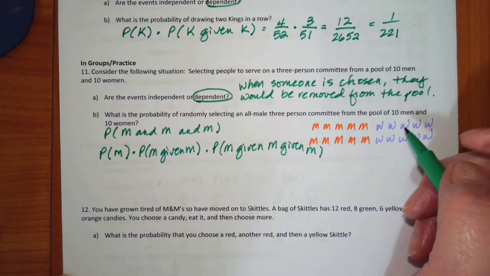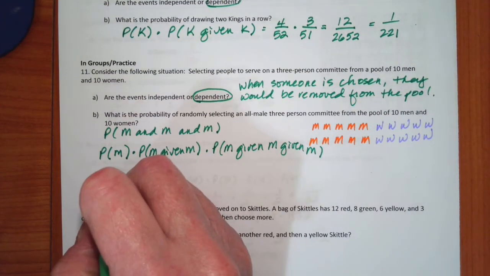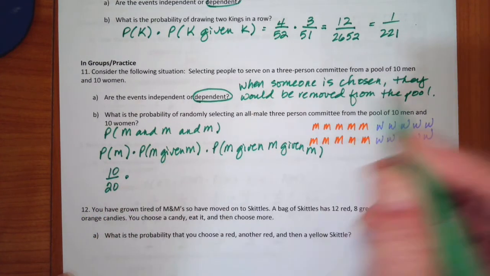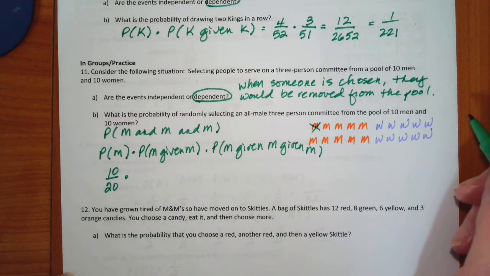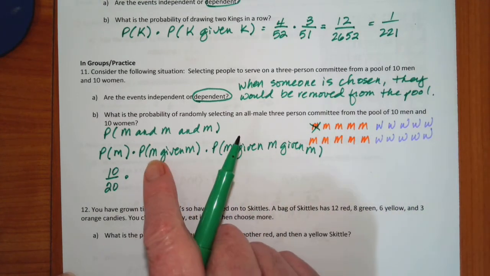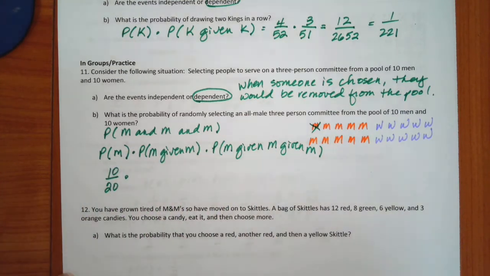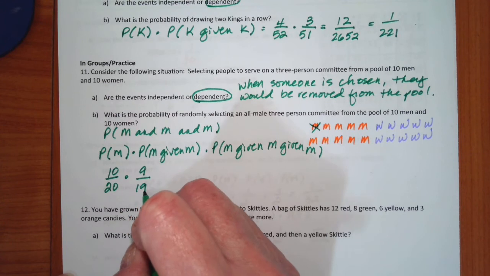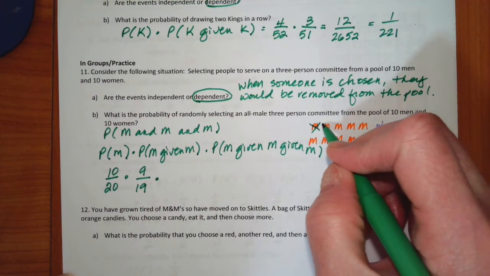The probability of a man. Well, we have 10 out of 20 for our first draw, so it's gone. The probability that we draw a man, given we've already pulled a man out of there, well, there are only 9 men left out of the 19 people. So there's another one gone.